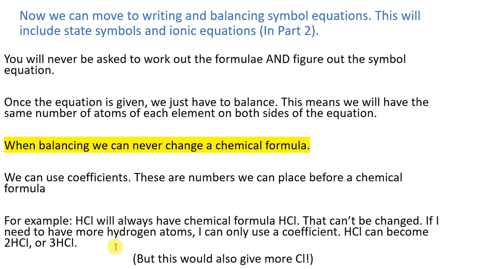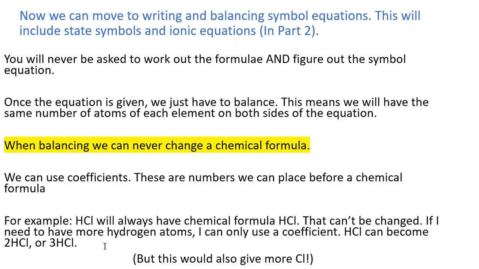If I need to have more hydrogen atoms, I can only use a coefficient. I can say HCl can become 2HCl or 3HCl. But I've got to remember that will also give me more Cl. So stressing this because it's a place where a lot of people go wrong.